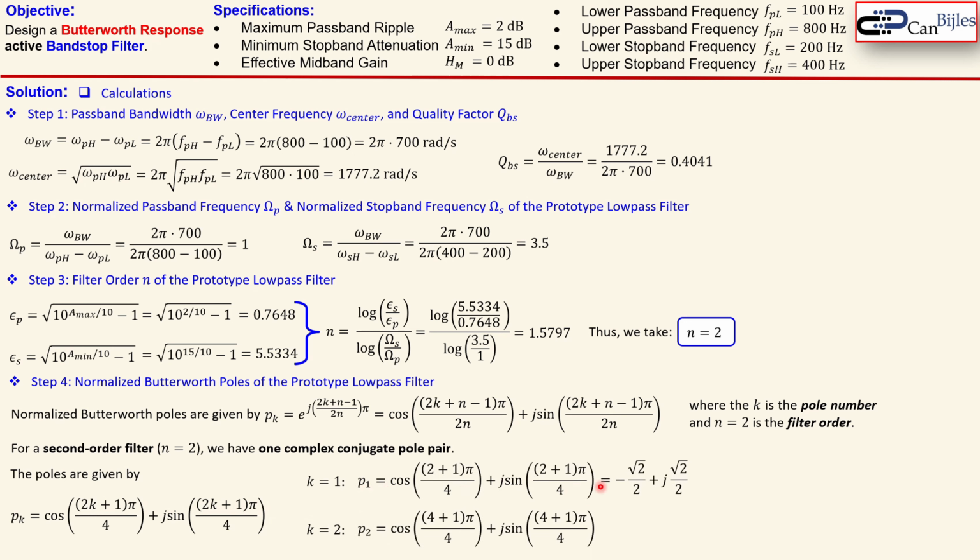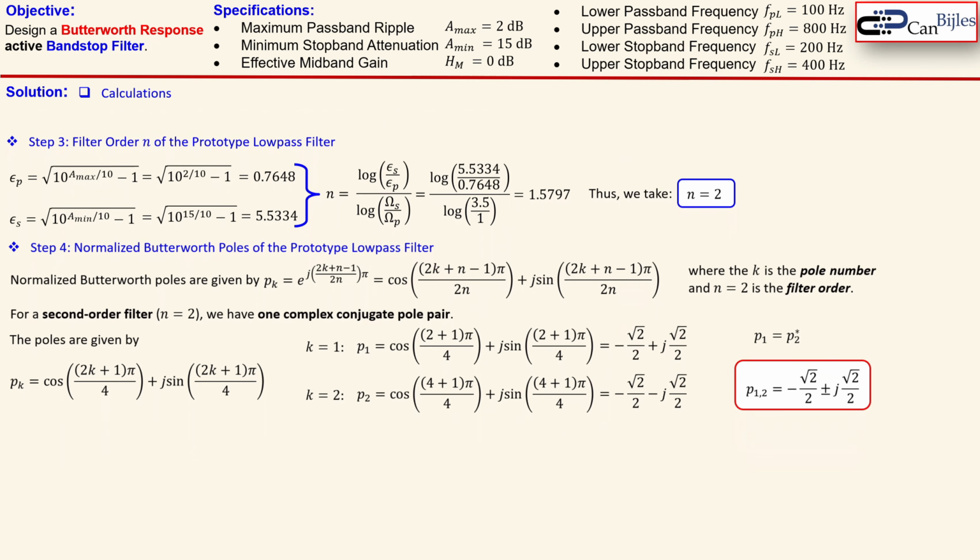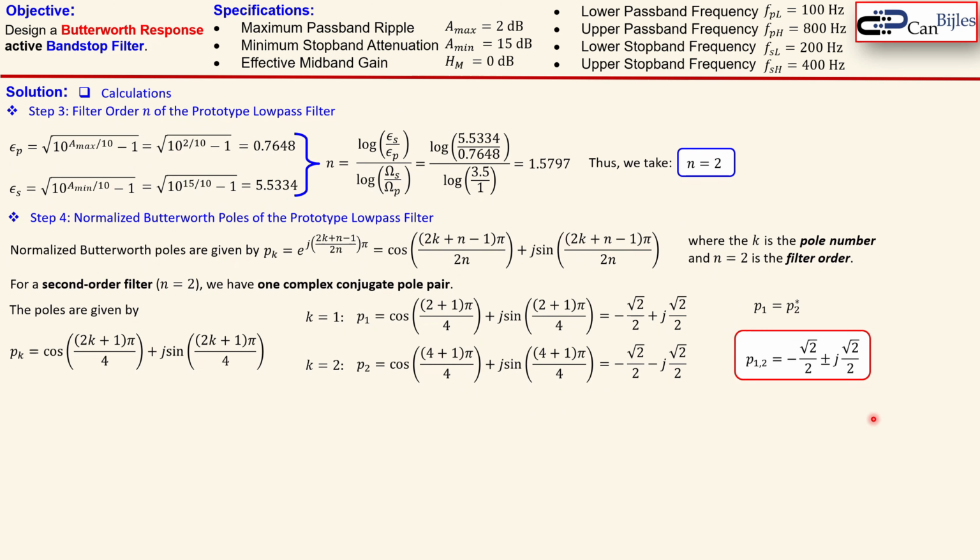And this can be then written like so, which is just working out the cosine and the sine, and you get also this one. You can see that these are the complex pole pairs, which have the imaginary part in the reverse sign. So we have P1 equal to the P2 conjugate. So these are the 2 poles given in short form. Okay, now let's take this here and then move on with the next step.